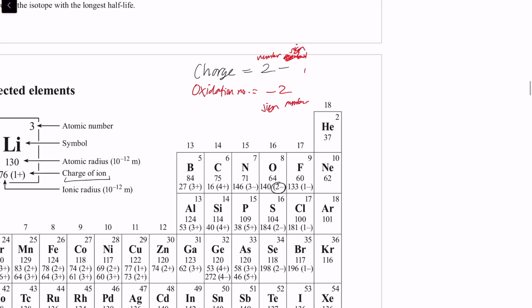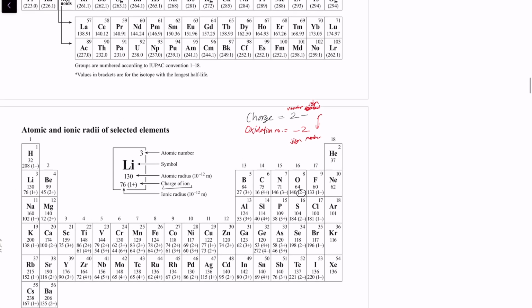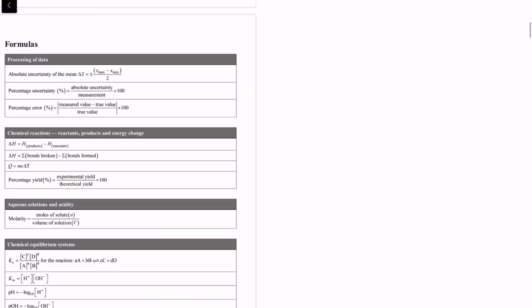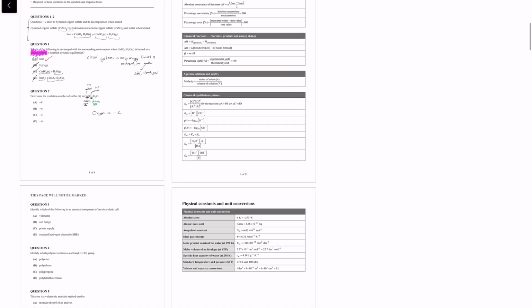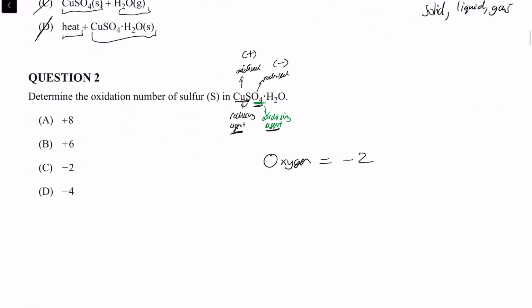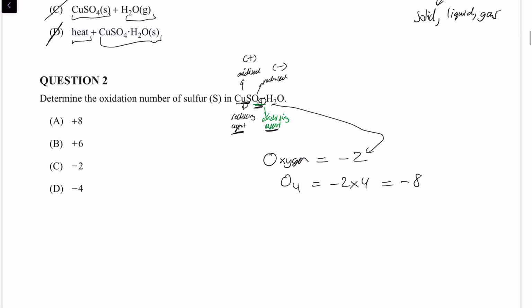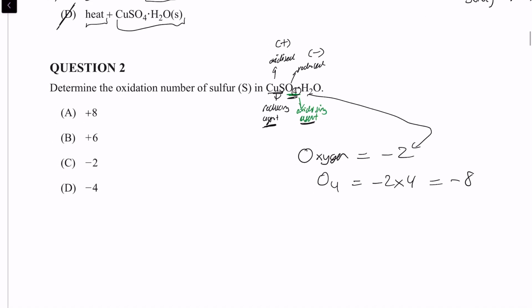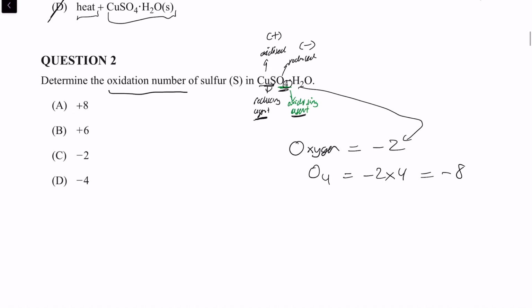Okay, but they're essentially the same thing most of the time. But there are exceptions, such as in this question, which I'll show you. However, we know that there are 4 oxygens, right? So what we need to do is O4, oxidation number is -2 times 4, which is -8, right? Okay, and then from that, we've got to determine the oxidation number of sulfur.